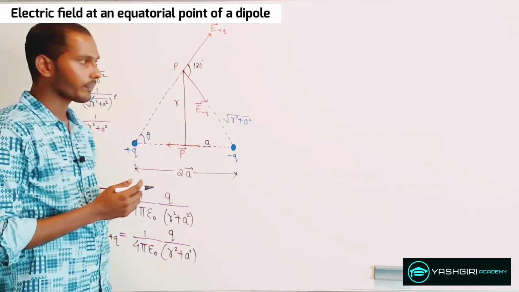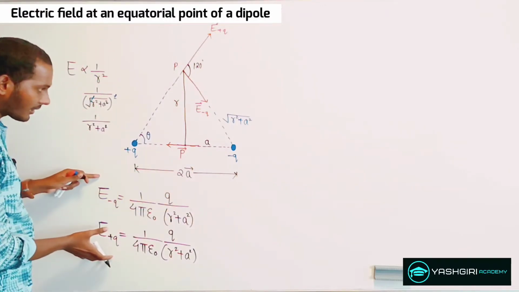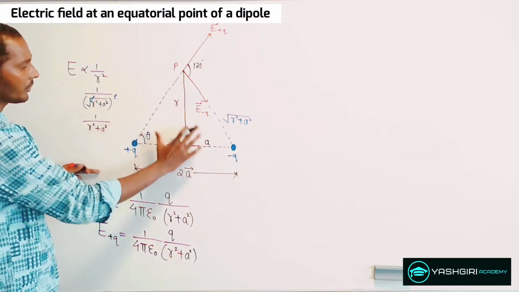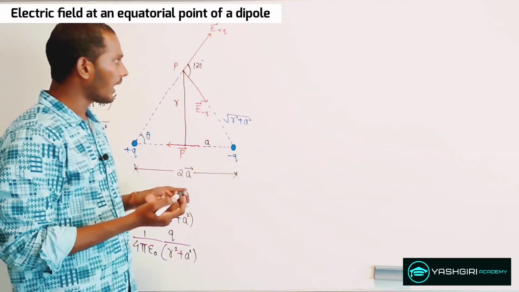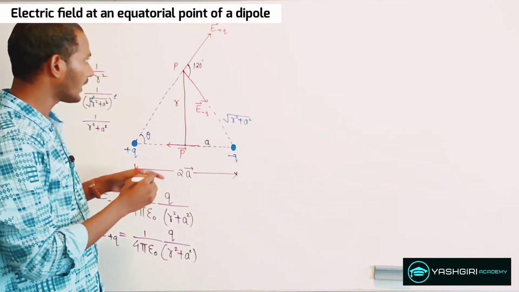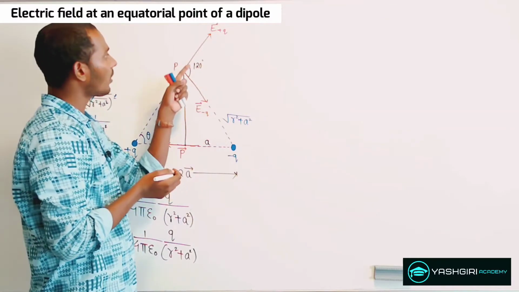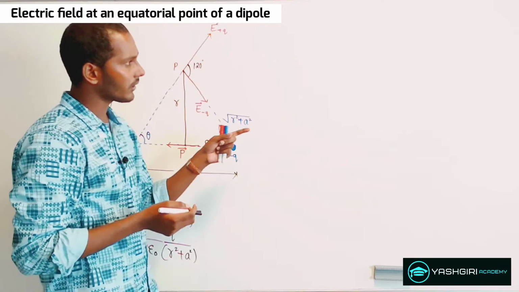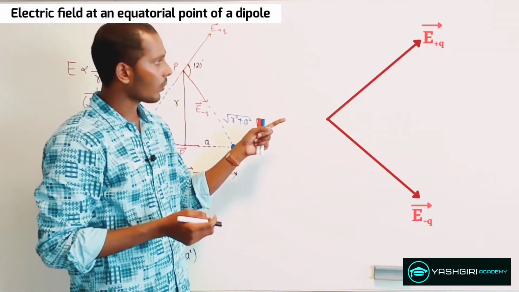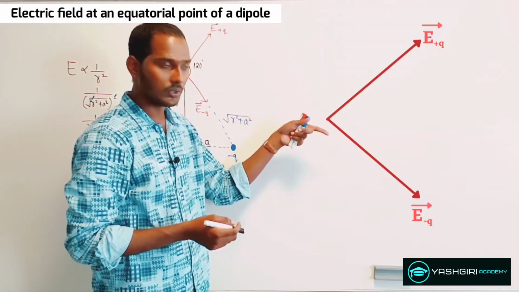So here I'm interested in the net electric field due to both the charges. So what I can do to get the net electric field is resolve these vectors into two components. Say suppose you have one vector E plus Q and the electric field due to the negative charge.